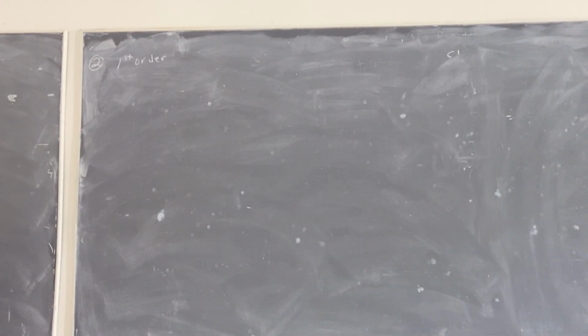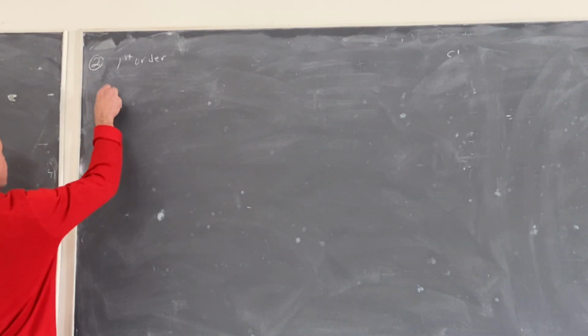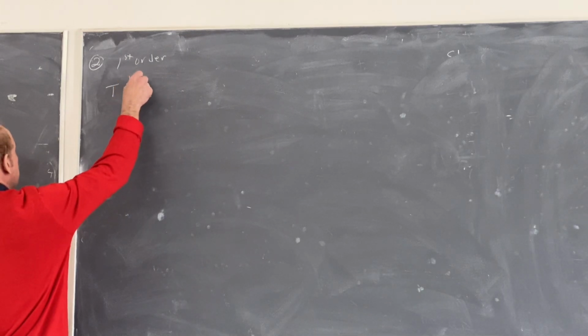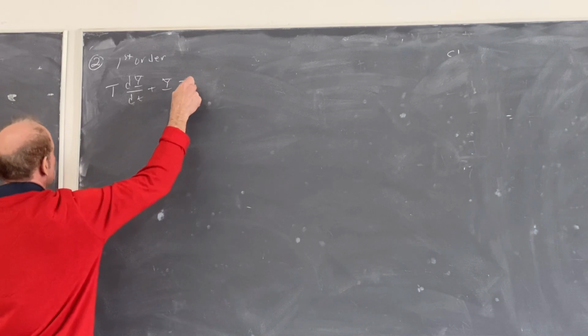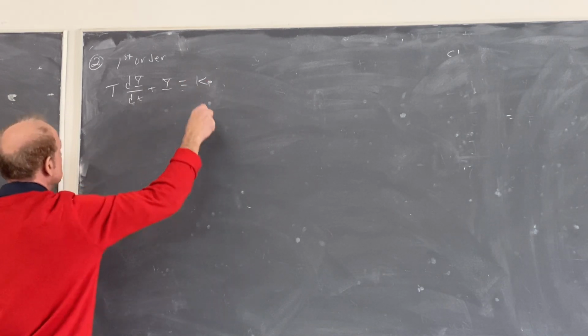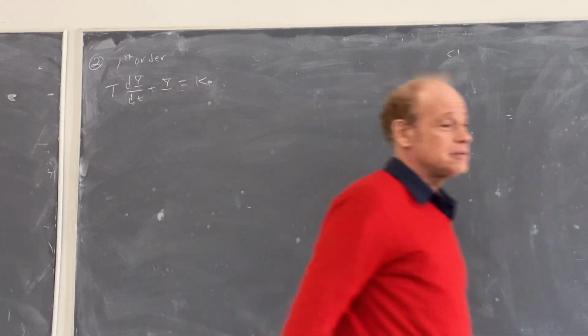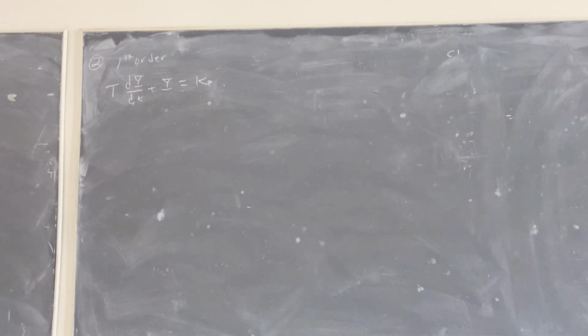And I can represent all first order systems in the form t dy/dt plus y equals kp times x.